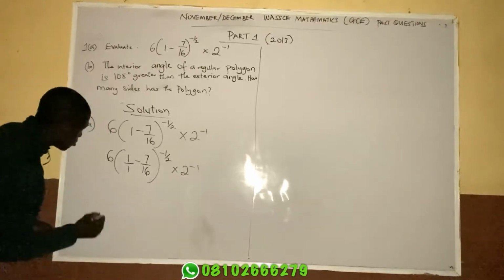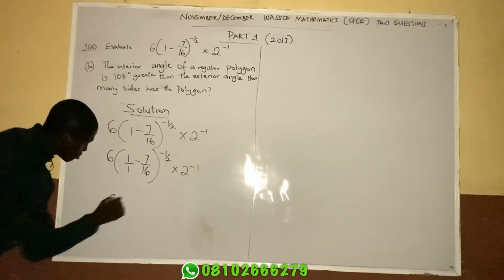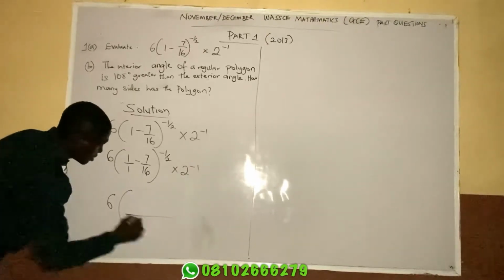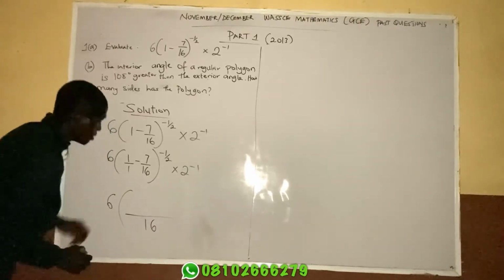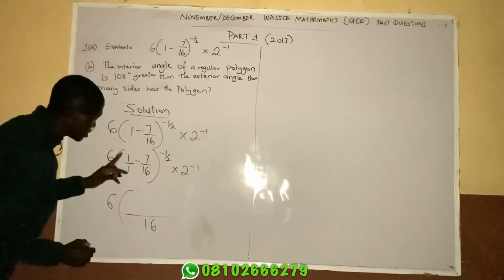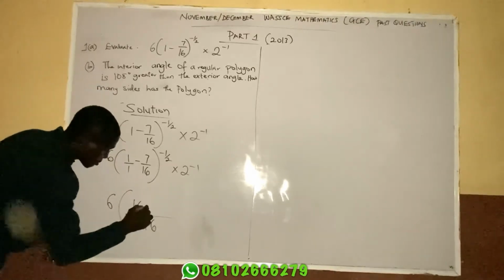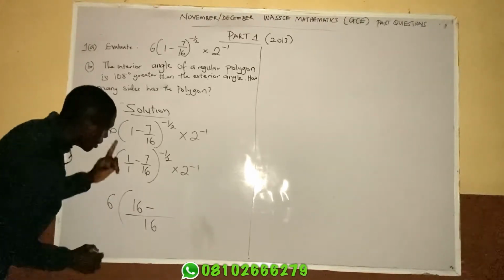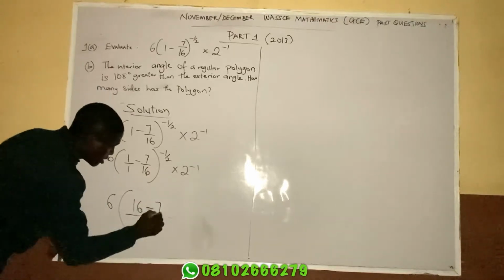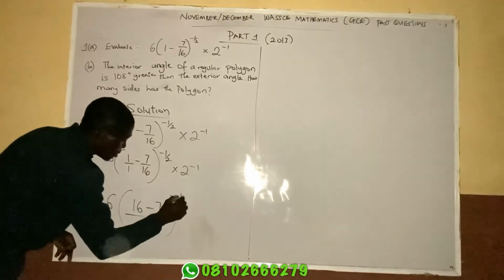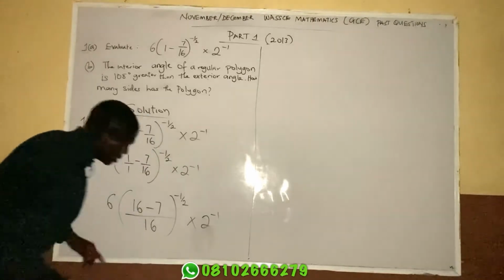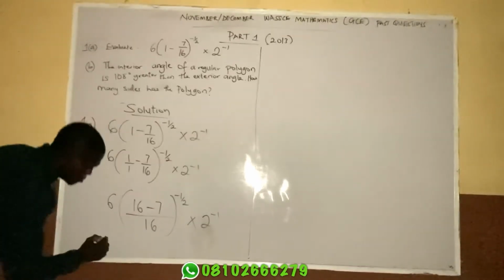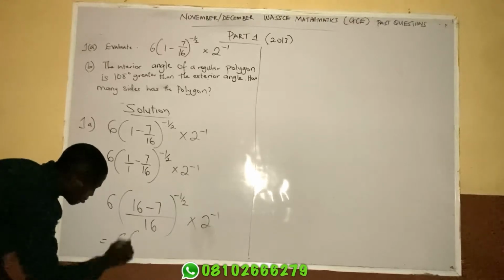The common multiple between 1 and 16 is 16. So 16 times 1 gives 16, minus 1 times 7 gives 7, bracket close, raised to power minus half, times 2 raised to power minus 1.